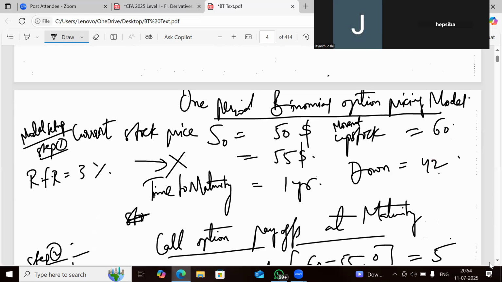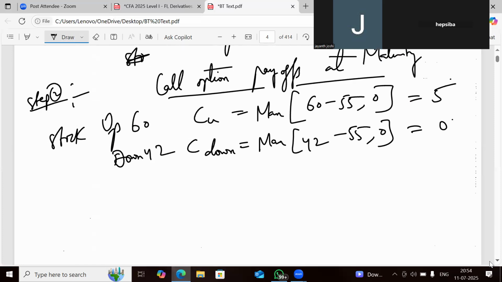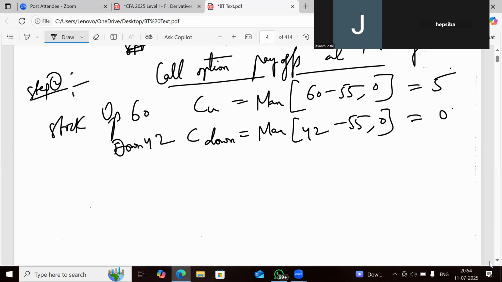So movements in the stock are seen, and movements in the option are also seen. We have to make such a hedging portfolio whereby these movements of stock and option nullify each other, strike off each other, or zero out. That means the movements in the option and the stock should become zero.